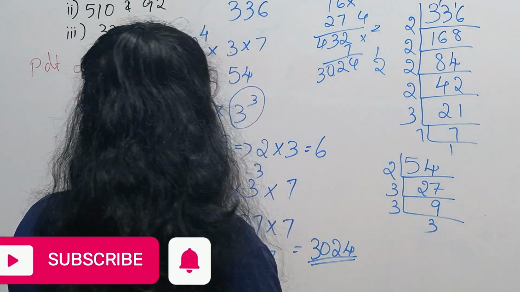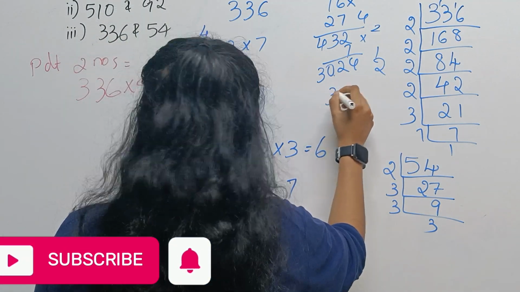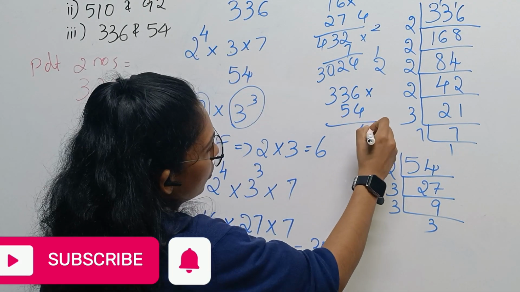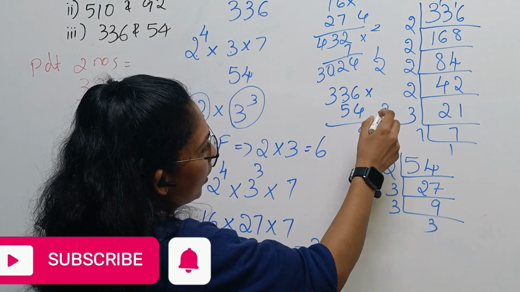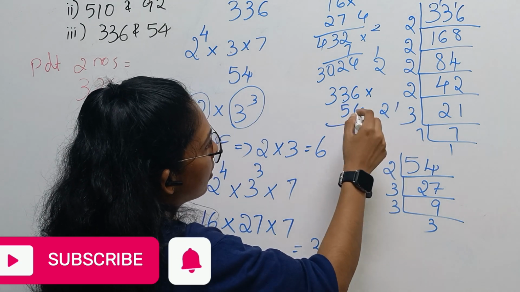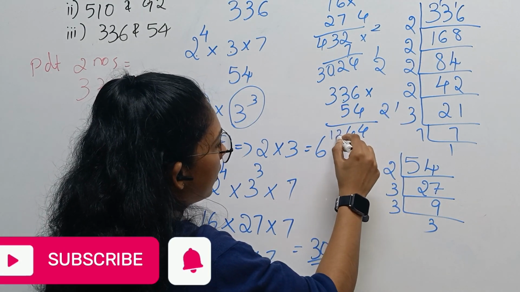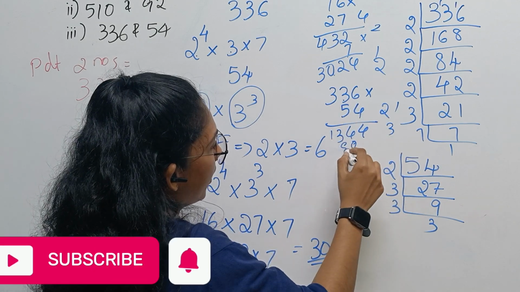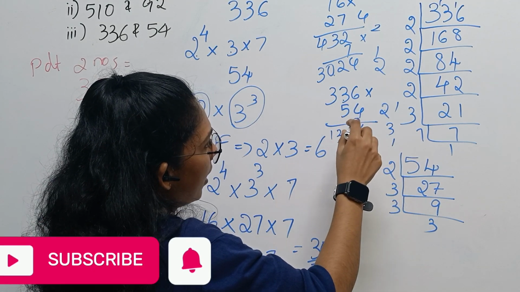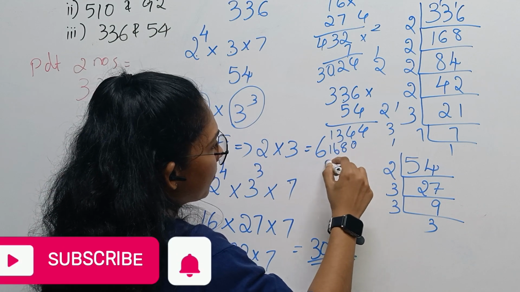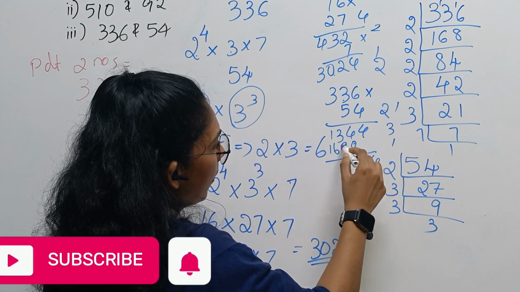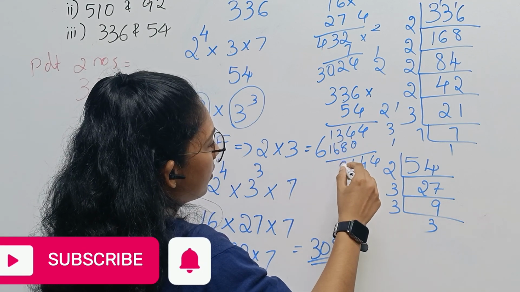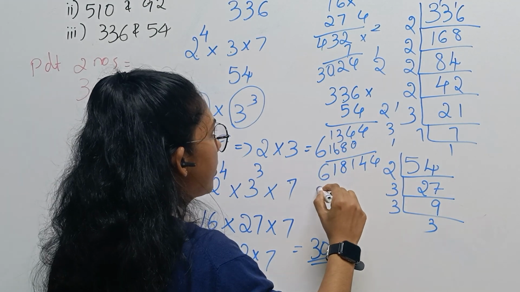Okay, so 336 into 54. 6 times 4, 24, 2 is there, 3 times 4, 12, 12 plus 2, 14 is there, 1 is there, 3 times 4, 12, 12 plus 1, 13. 5 times 6, 30. 5 times 3, 15 plus 3, 18 plus 1. 5 times 3, 15 plus 1, 16. 4, 8 plus 3, 11. 7 plus 1, 8, 1, 6.